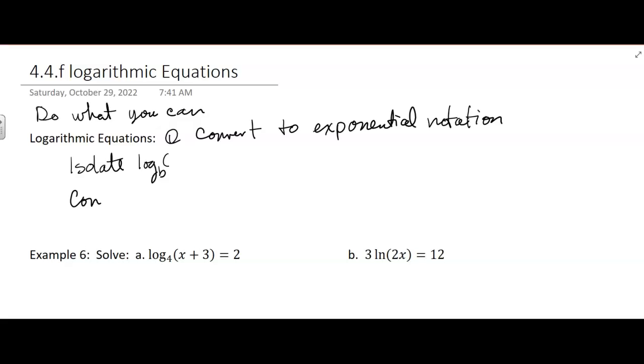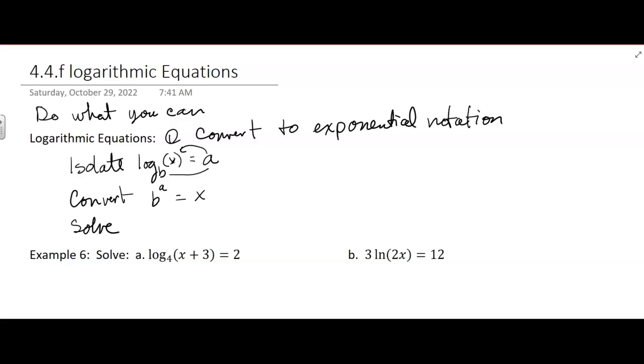So say you have log base b of x equals a, then you're going to convert, so you're going to go b to the a equals x, okay? So remember doing that, like you go over here and you put it back in. Okay, so you convert it to exponential, and then you can solve, or you might be able to.